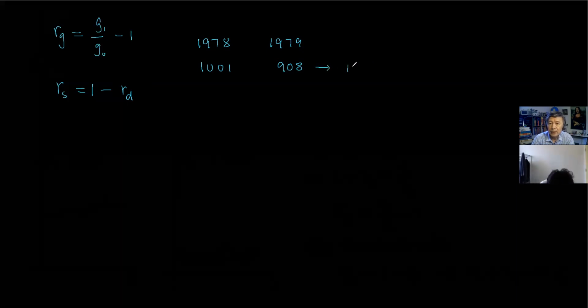So that would be 1,001 take away 908. Okay, so this difference is 93.